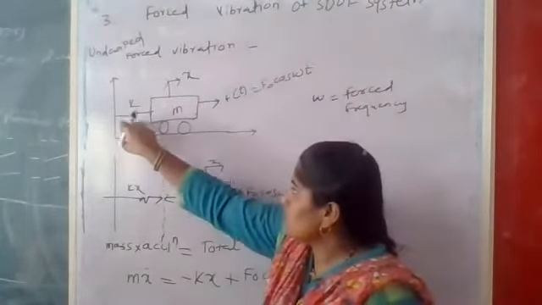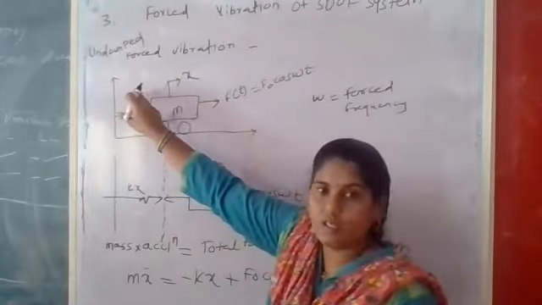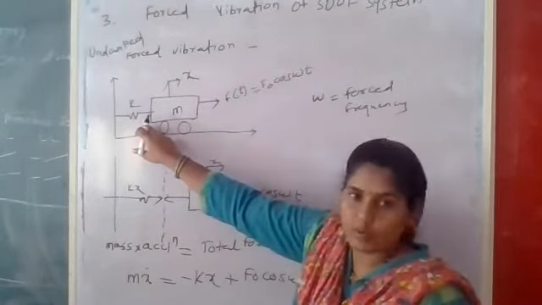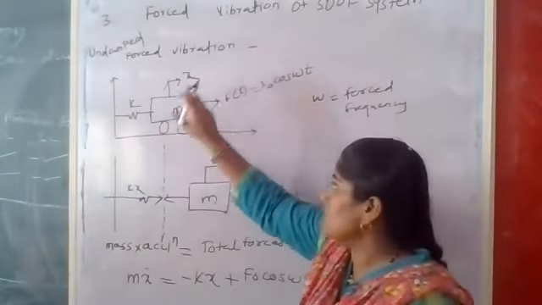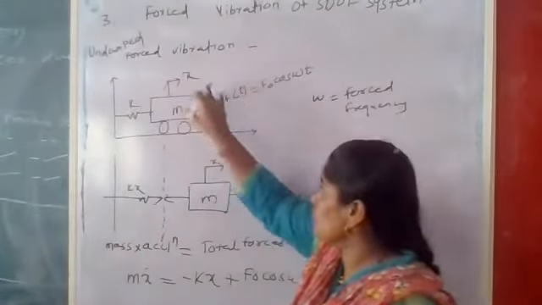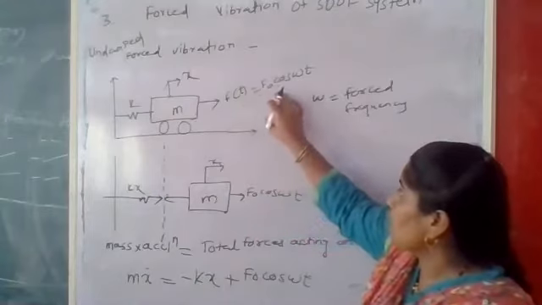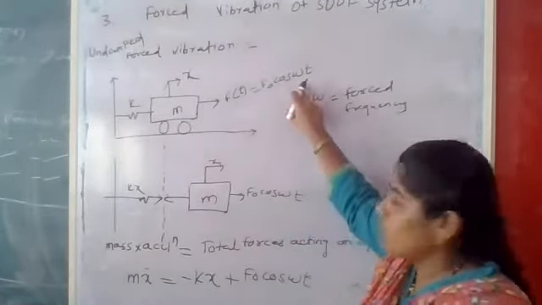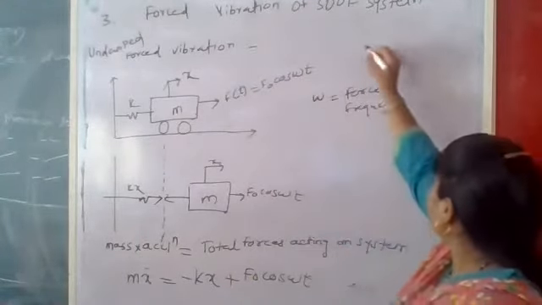That coefficient c is 0, which means c will be absent over here. k is the constant, that is the spring force, which is always there. m is the system mass, and x is the displacement. And whatever the external force is, it acts on the system here. F of t is equal to F naught cos omega t. What is meant by this omega? What we usually have in that place is omega n.